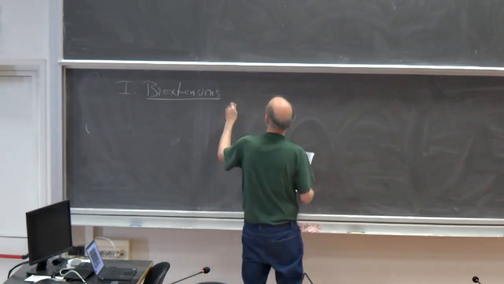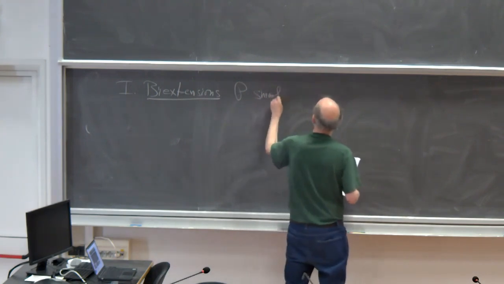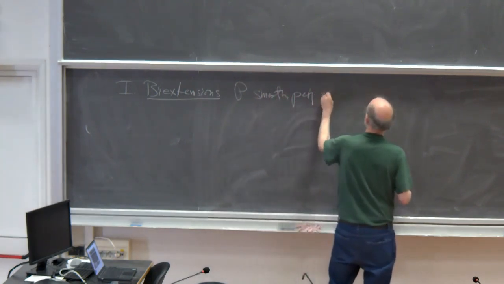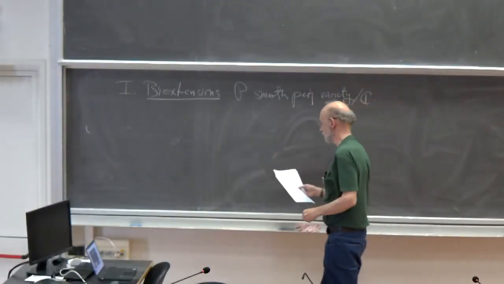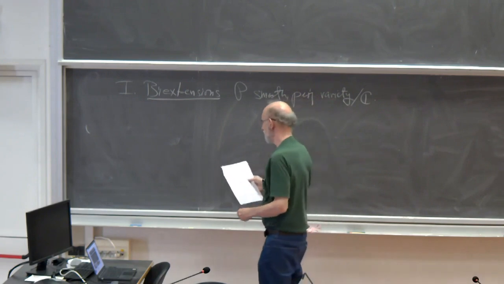Let's let P be a smooth projective variety over C, just to fix ideas. I mean, it's sort of the background where all the noise happens.